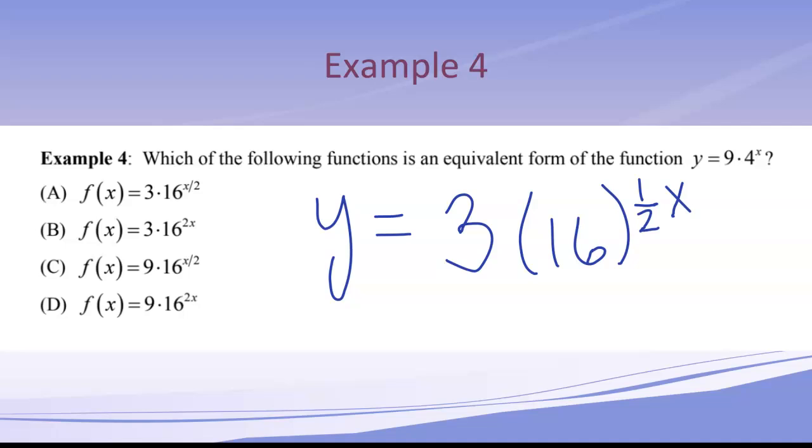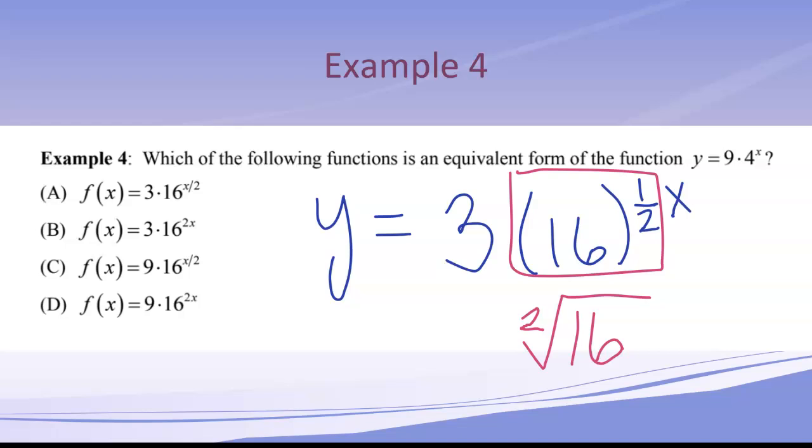So I can convert 16 to the power of 1/2 into radical form. If I convert that into radical form, the denominator goes on the outside of the radical. That 16 stays inside, and I raise that to the first power, which we know is typically invisible. And also that 2 is invisible. So really, that is just the square root of 16. And what is the square root of 16? It is 4. Let me fill in the rest of this equation.